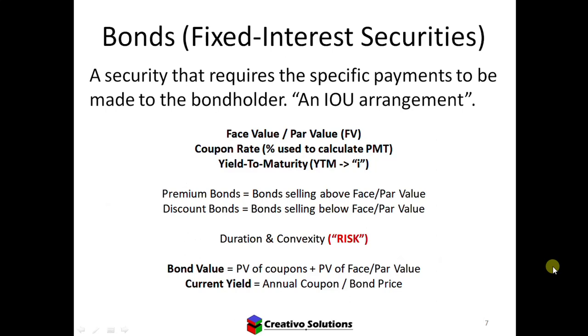Something else that you might be asked to calculate is the current yield. The current yield is just a measure of what you're currently going to be receiving in the form of an annual coupon, which is basically your interest payment, divided by the bond price. That gives you your current yield for that particular bond.